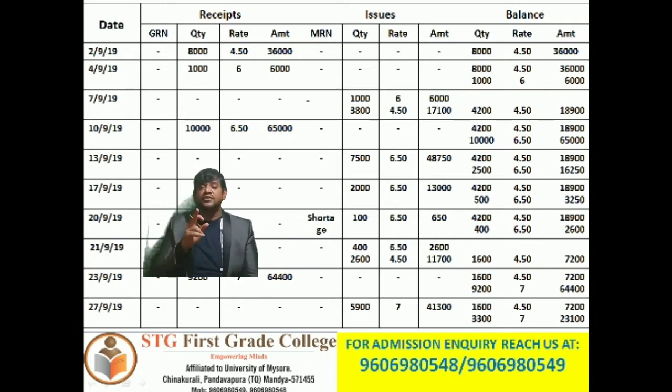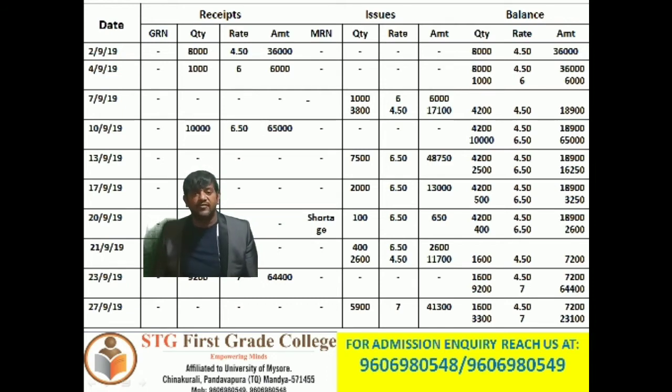So 10,000 units minus 7,500 units, the balance comes to 2,500 units at rupees 6.50 per unit. 2,500 into 6.50 is 16,250 rupees. So the balance amount comes to 16,250 rupees.